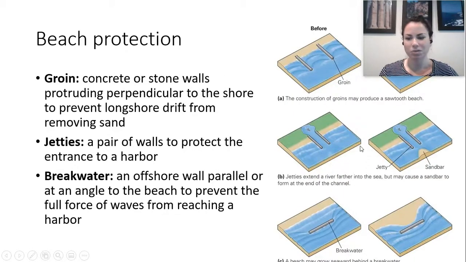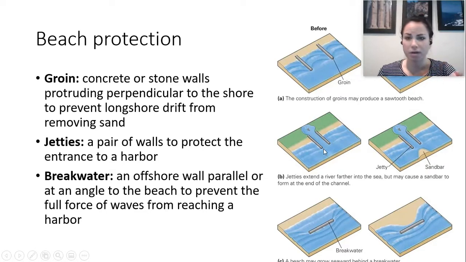Some of the things that we do to try to prevent further erosion of our beaches and protect what we have now are man-made structures. You might see these, and I have an example in just a second. We have a groin, which is a concrete or stone wall that protrudes perpendicular to the shore to prevent longshore drift from removing sand. We have a jetty, which is a pair of walls to protect the entrance to a harbor.